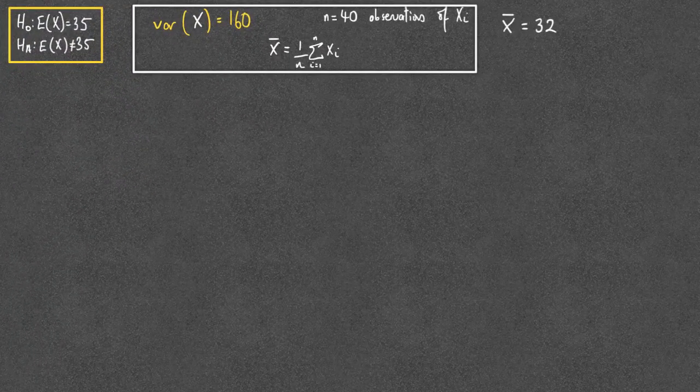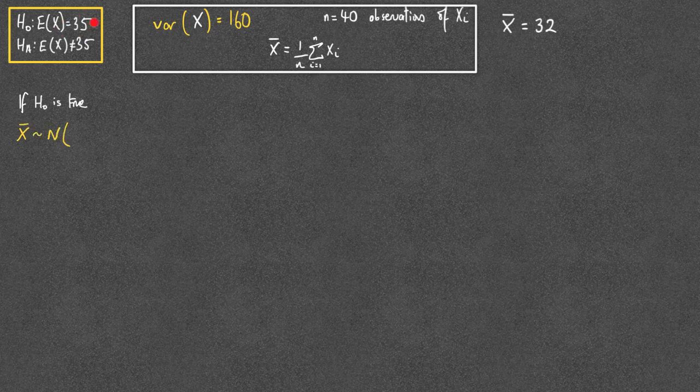Now, in the second part of this exercise, we're asked to test the null hypothesis that the expected value of x is equal to 35. So we're going to do exactly the same thing. We've still got 40 observations, the variance of x is still equal to 160, the sample mean is still equal to 32, so if the null hypothesis is true, again by the central limit theorem, the sample mean will be approximately normally distributed.